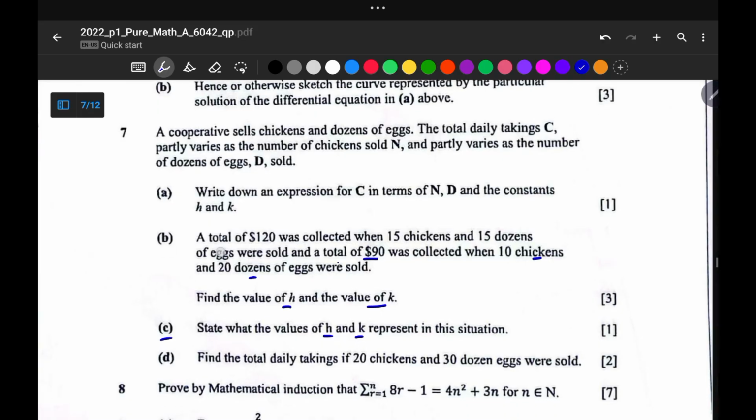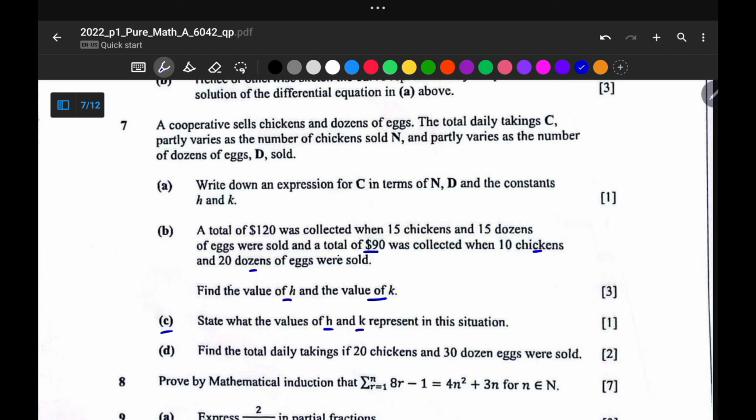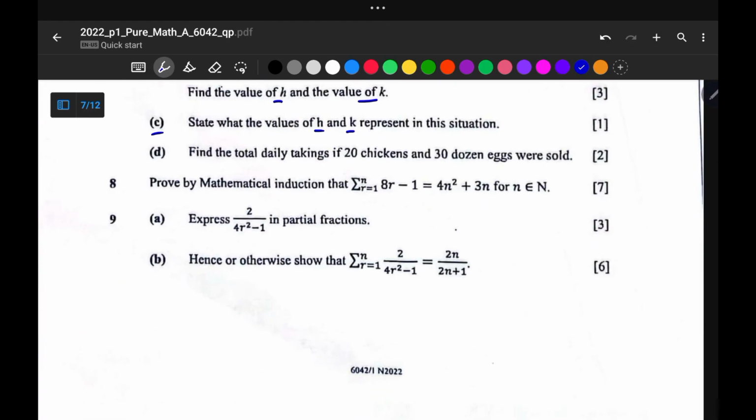Okay, and let us move on to the last part of our question, number 7, which says find the total daily takings if 20 chickens and 30 dozens of eggs were sold. So given that we are having this expression, c is equal to kn plus hd, and our k is equal to 7 and our h is equal to 1. So our expression here is now c being equal to 7n plus d, and we want to find the value of the total daily takings if 20 chickens and 30 dozens of eggs were sold.